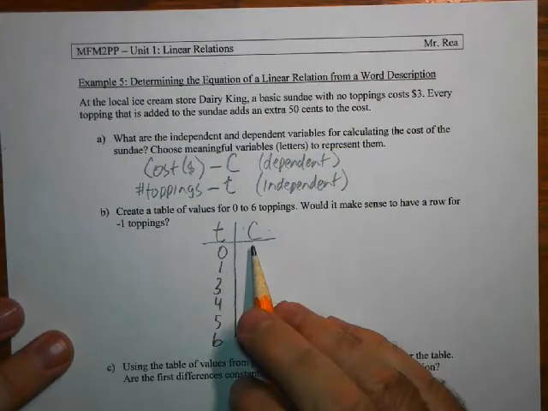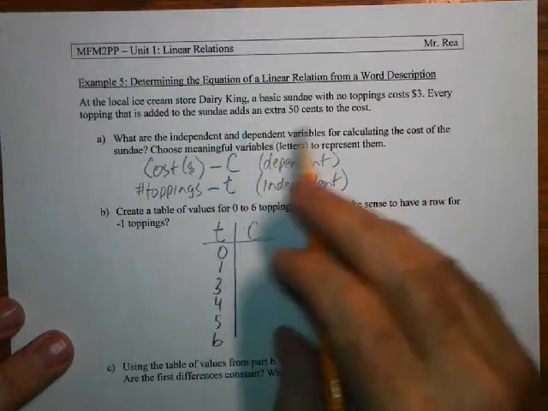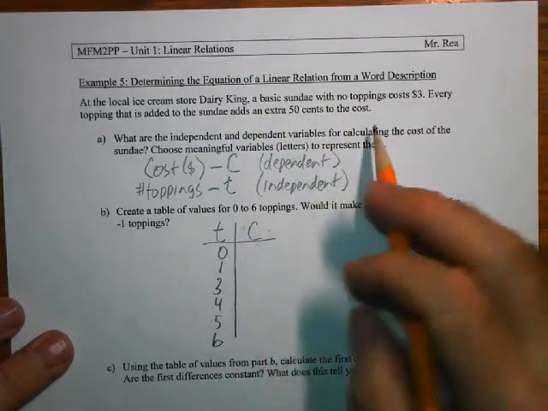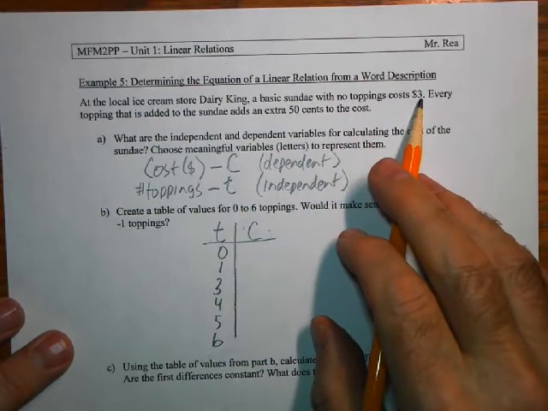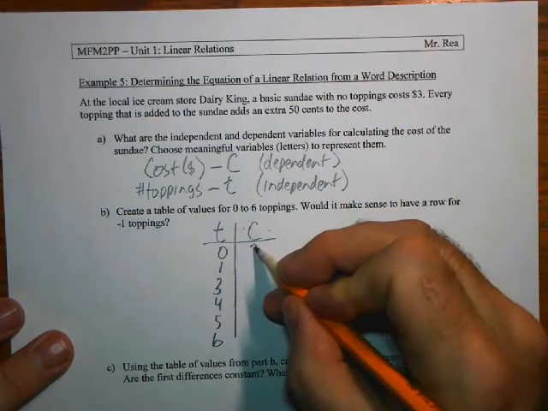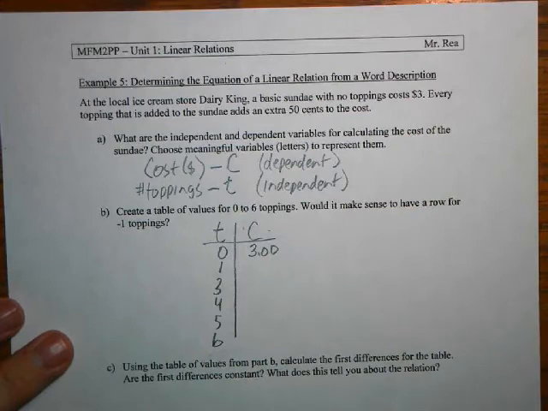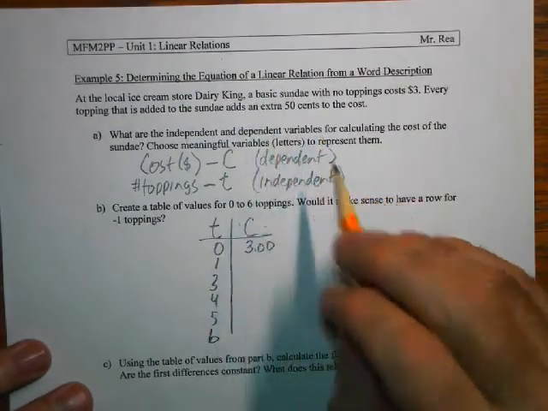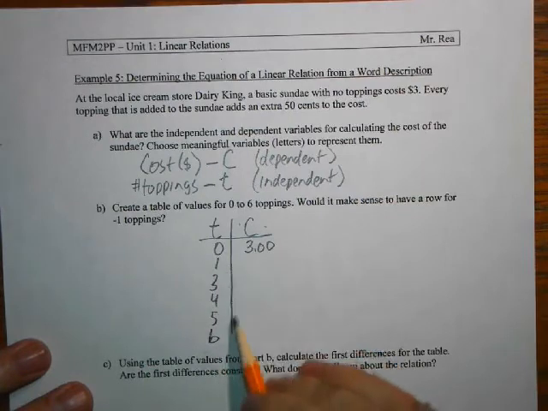Now we just use our head based on the description here. How much does it cost for a sundae with no toppings? Well, they told us that straight out. They said that's $3. And they've also said that every extra topping, it's another 50 cents. So this is pretty straightforward.